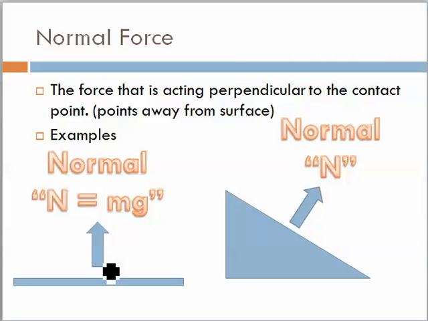And the normal here is going to be acting perpendicular. In this case, the normal acts perpendicular to the contact surface, the surface that it's in contact with. So when we make reference to the normal, we're speaking at a 90-degree angle.